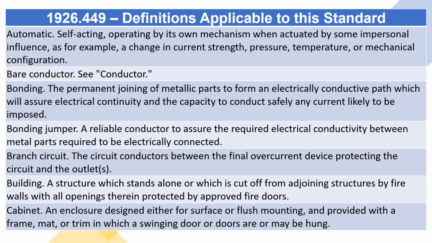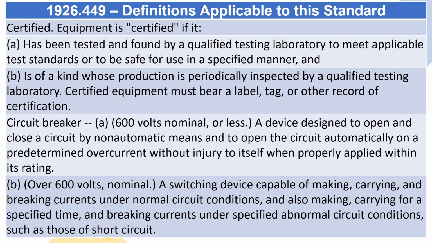Building. A structure which stands alone or which is cut off from adjoining structures by firewalls with all openings therein protected by approved fire doors. Cabinet. An enclosure designed either for surface or flush mounting, and provided with a frame, mat, or trim in which a swinging door or doors are or may be hung. Certified.